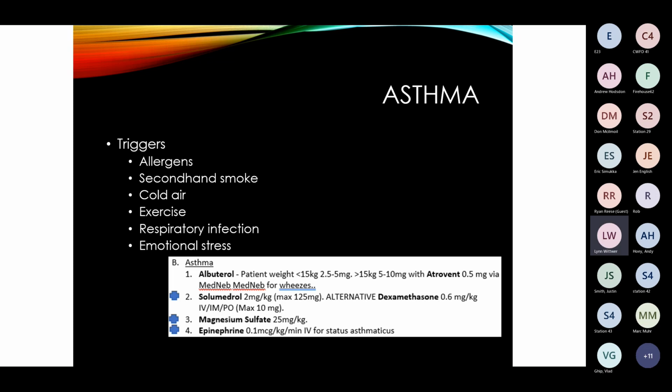But albuterol, Solu-Medrol, and then follow with epinephrine and magnesium. So hopefully with aggressive albuterol and the Solu-Medrol, there'll be a minimum number of cases where we have to go to the extreme.